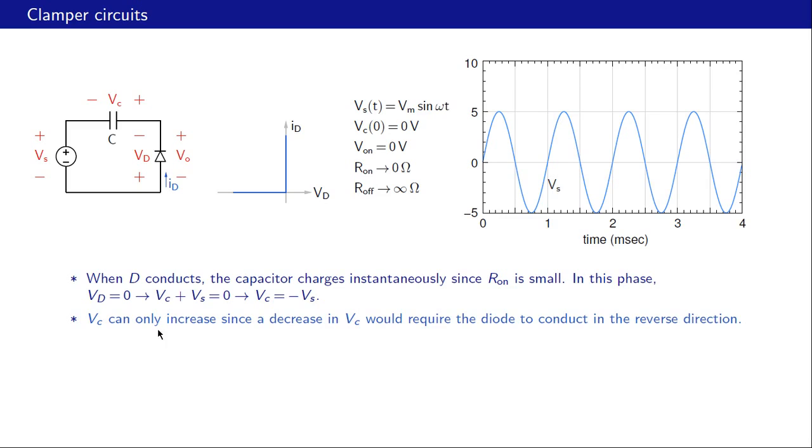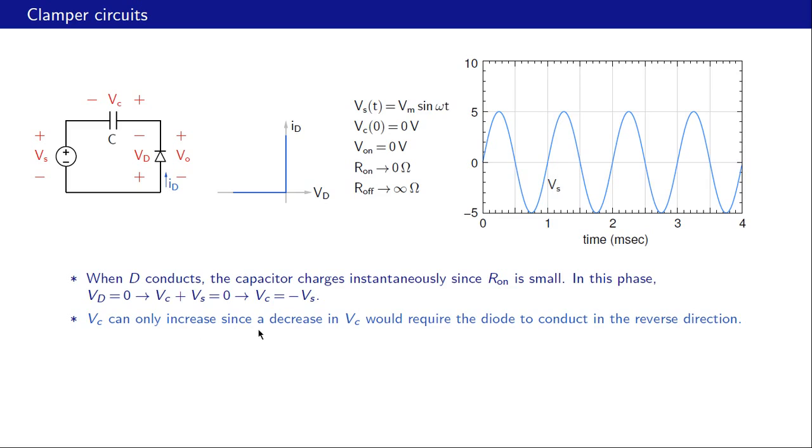Second observation, Vc can only increase. Note that Vc is marked as plus here and minus here. So the capacitor current is the same as the diode current. And since the diode current can only be positive, Vc can only increase.